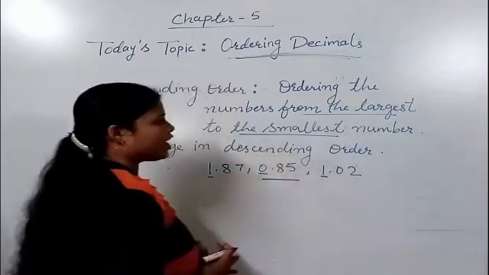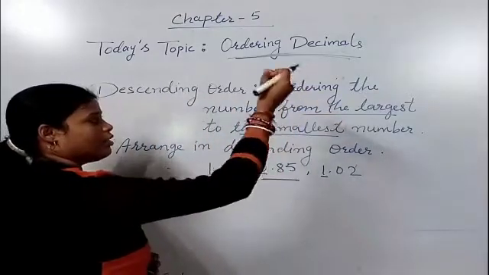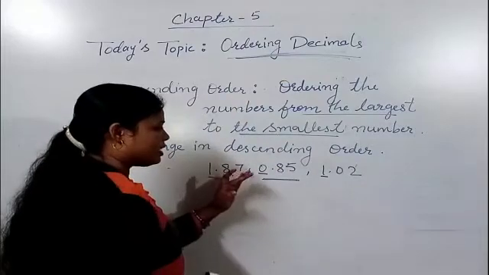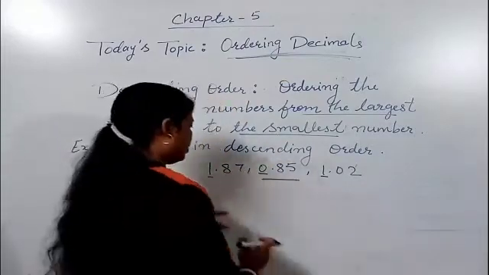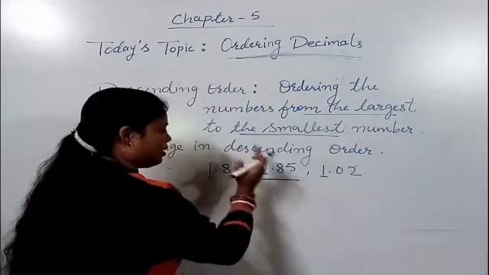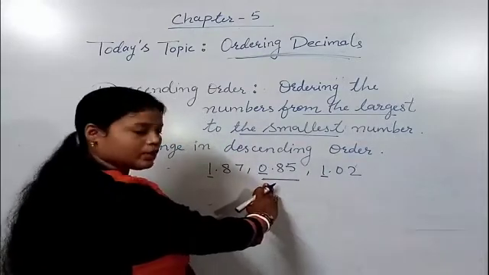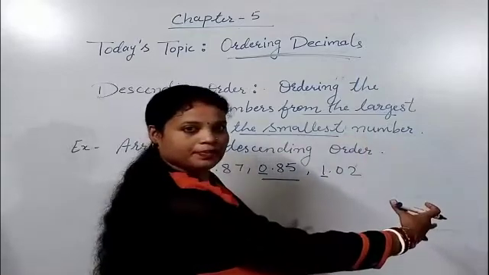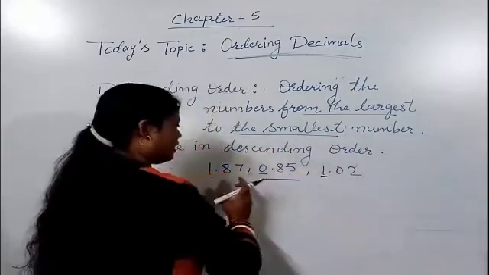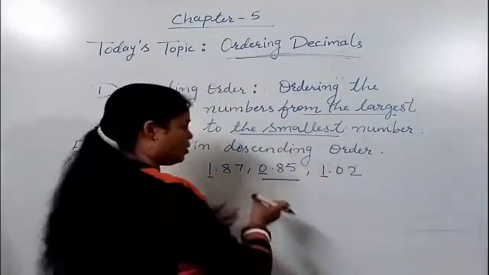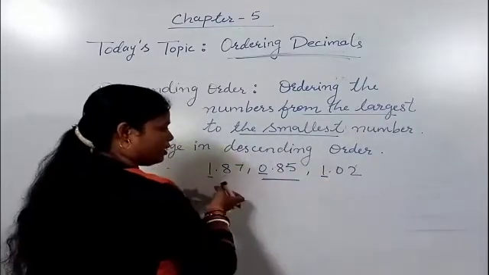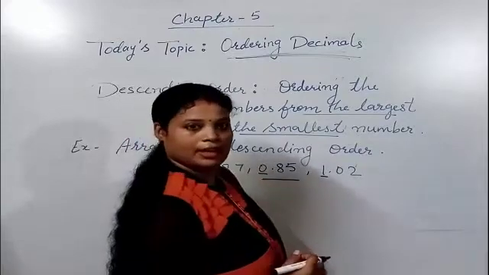So in this what do we have to do? We have to arrange from largest to smallest. So we will look for the greatest number. We know that 1 is greater than 0, so 0 will be last, and first we will take 1, because 1 is greater. Here also 1, here also 1, which we will compare later.